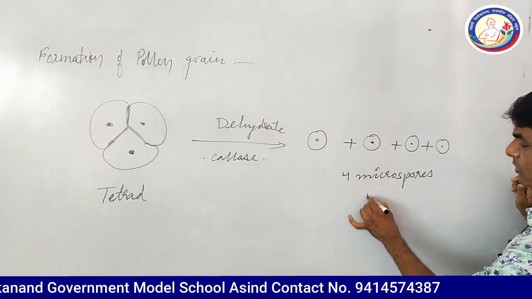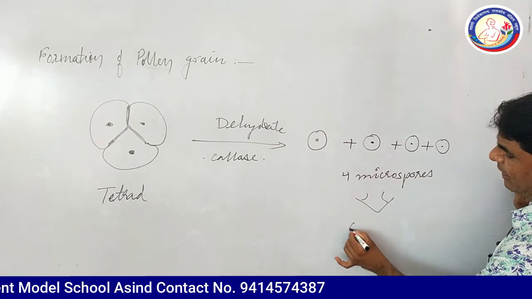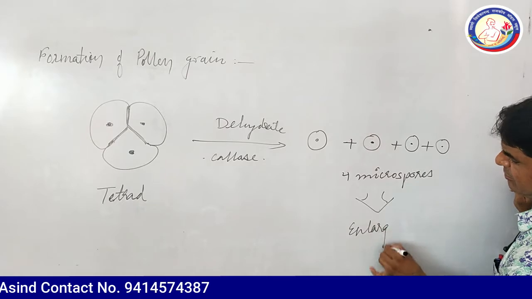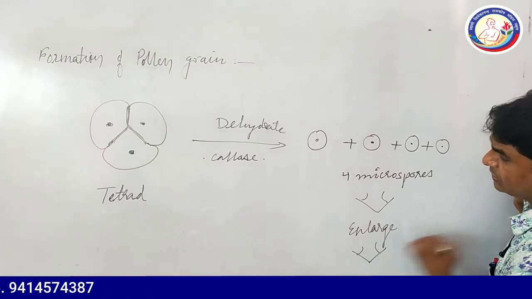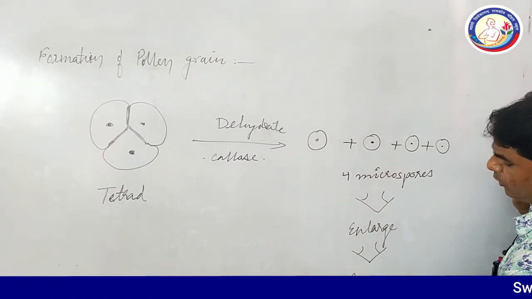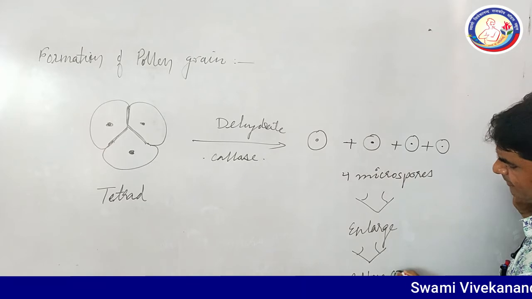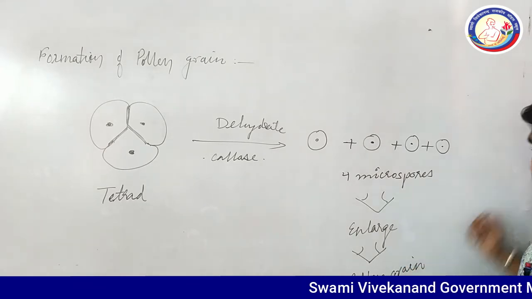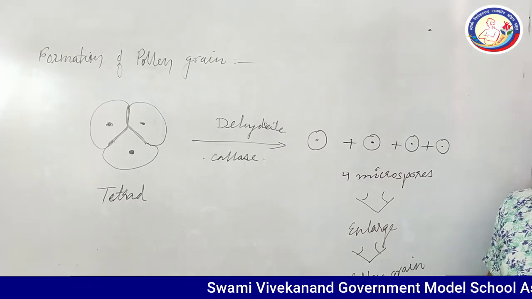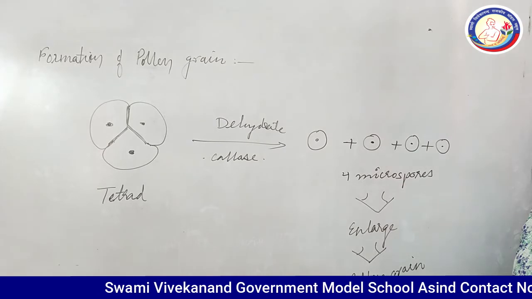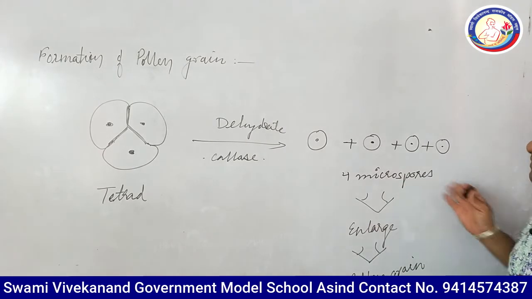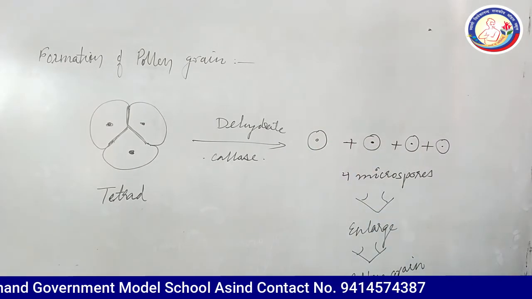These microspores will enlarge in size and convert into pollen grain, which is basically the male gametophyte of the angiosperm. So this is the process of formation of pollen grain.